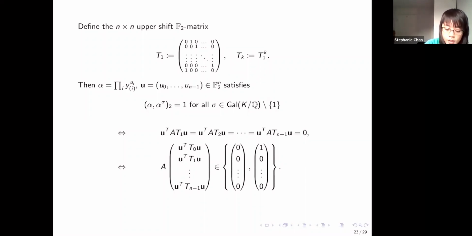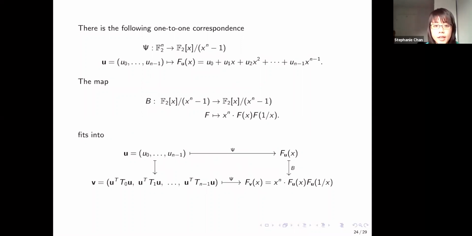So instead of counting in F2 to the n, instead of counting the row vectors directly, we count the number of polynomials over F2 modulo x to the n minus 1.